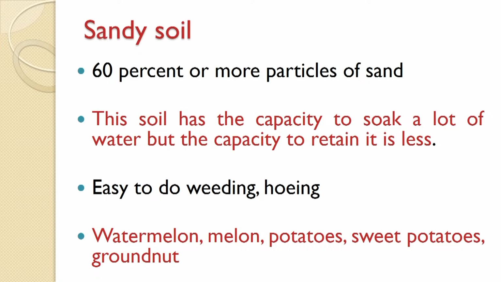In sandy soil there is a large amount of macropores. As a result, this soil can absorb a lot of water from its surroundings, whether from irrigation or natural rainfall.